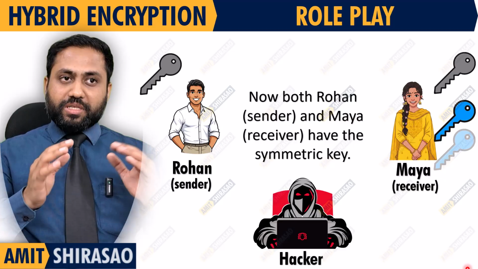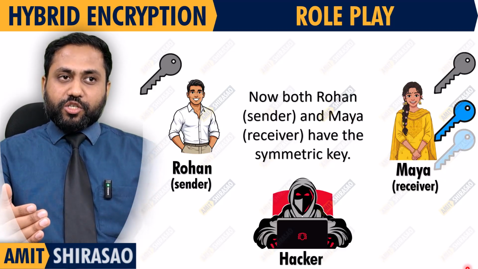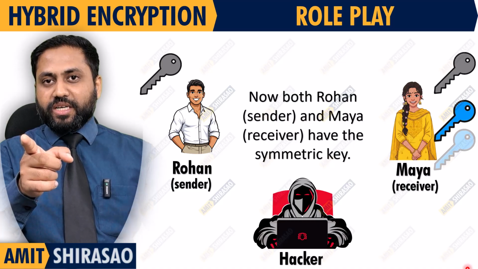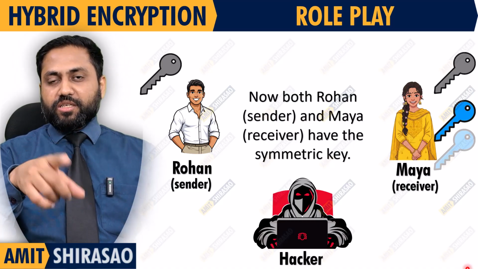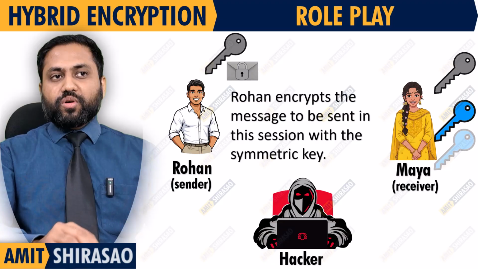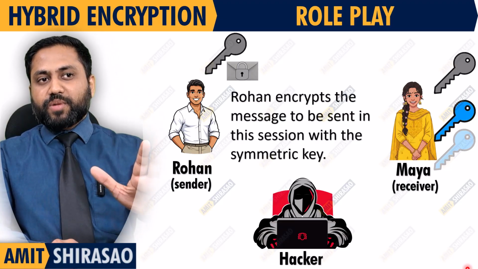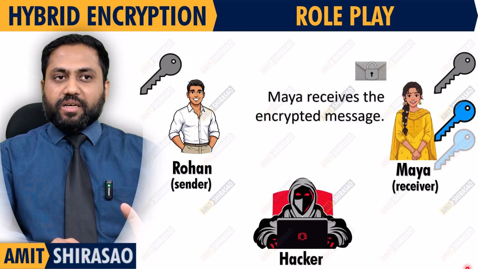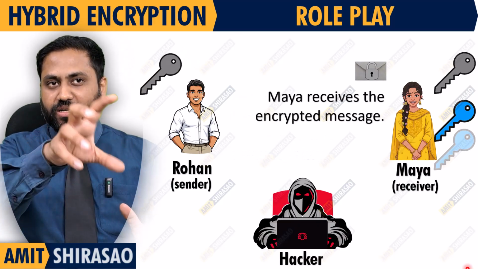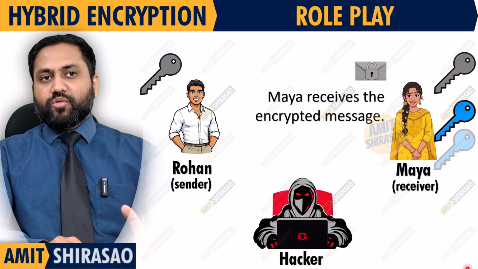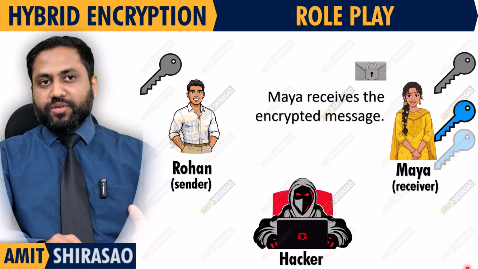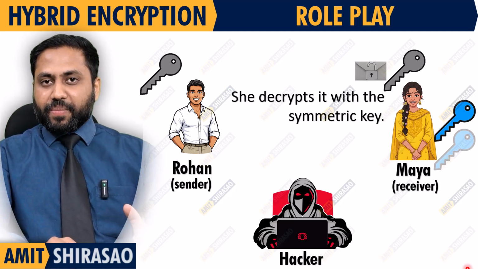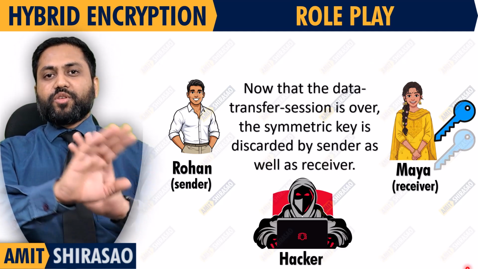For this particular data transfer session, Rohan will be using this symmetric key to communicate with Maya. So Rohan will encrypt his messages using this symmetric key, send it in the symmetric key encrypted format over the line, and Maya will receive it in the encrypted format and decrypt it using that symmetric key. Got the idea? So this is how communication will happen.